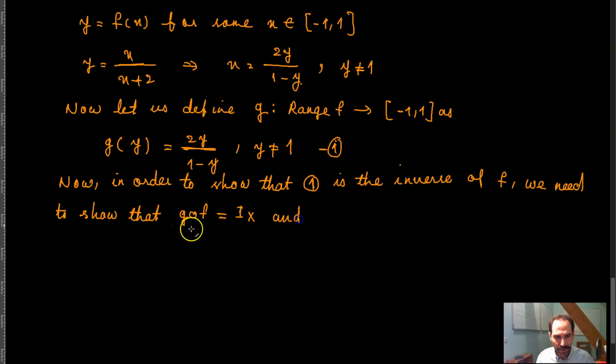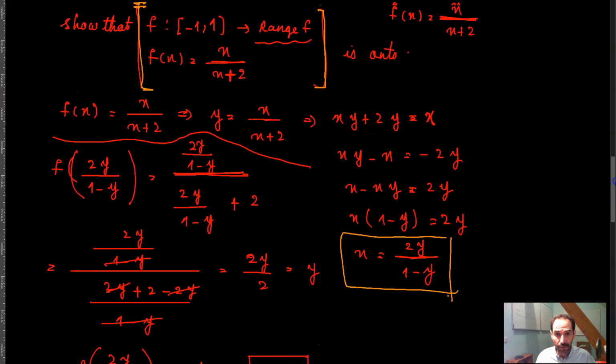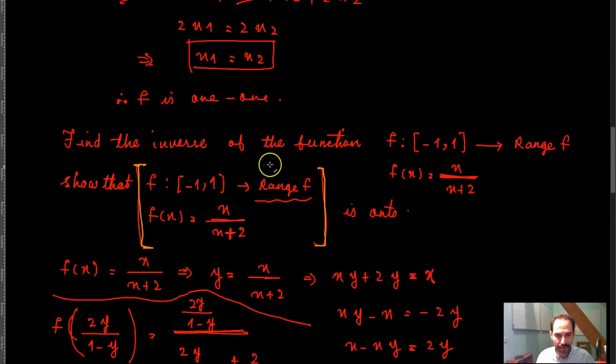And you also need to show that f of g is equal to I of y, meaning that f of g is the identity function on the codomain of f, meaning that the codomain of f is all of these elements over here.